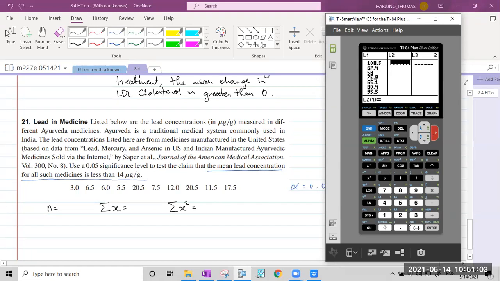The first data is 3.0 or just 3, second data 6.5, the third data 6.0 is just 6, and then 5.5, 20.5, 7.5, 12.0, 20.5, 11.5, 17.5, and this is my data number 10.